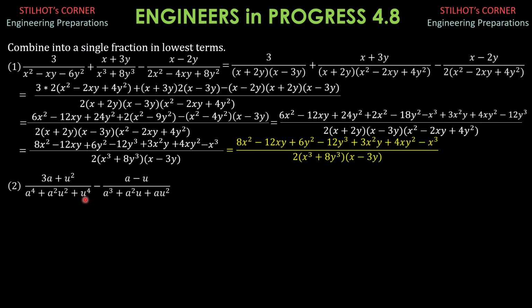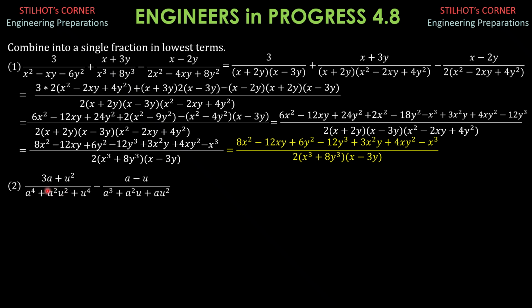And twice the product of the square roots of a to the fourth and u to the fourth is supposedly 2a squared u squared. This lacks a squared u squared to make it 2a squared u squared, so that these three terms will become a perfect square trinomial.